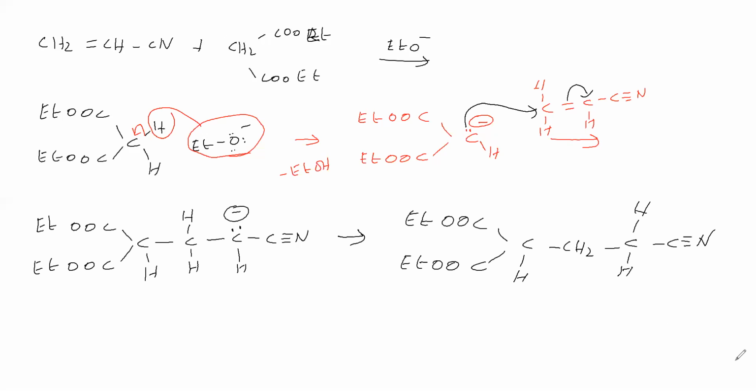Now we will see one more reaction. We will take vinyl cyanide, and then ethyl acetoacetate, with ethoxide as the base.